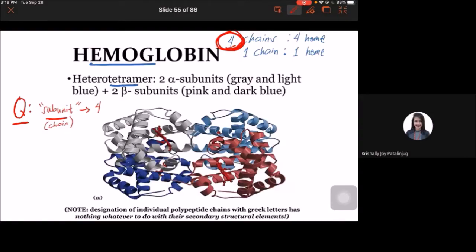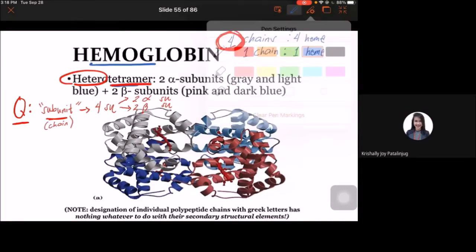So again, merong apat na subunit yung hemoglobin. And sabi, heterotetramer. Ano yung apat na subunit na yon? So recall, 'di ba, meron siyang dalawang alpha subunit and dalawang beta subunit. 'Di ba, yan yung tetramer, okay? Or the 4 subunits ng hemoglobin.